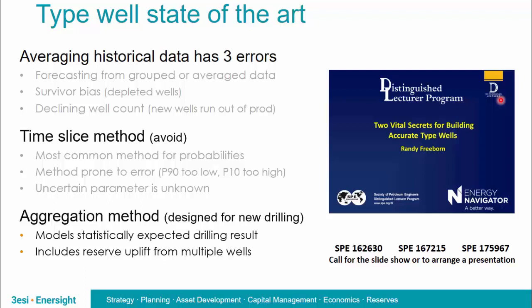And because it's probabilistic and because it includes the effects of aggregation, you end up with a reserve uplift associated with drilling multiple wells. So overall, you get better, more accurate type wells when you use Value Navigator.